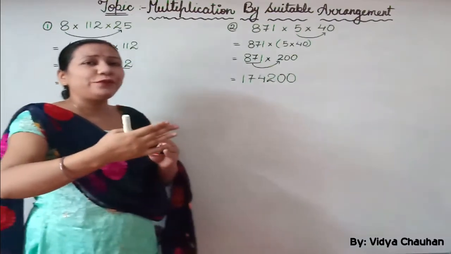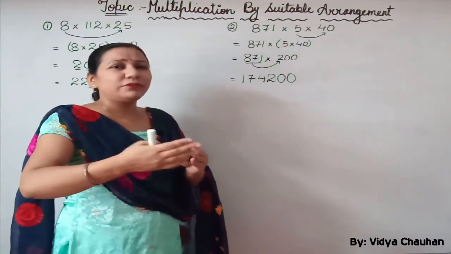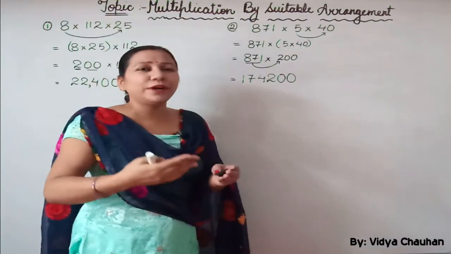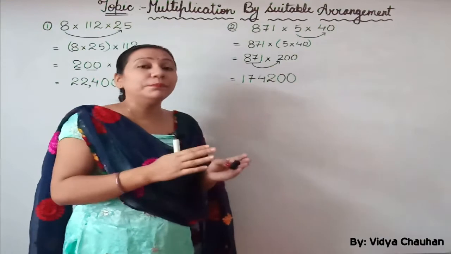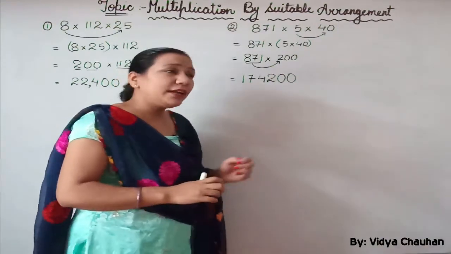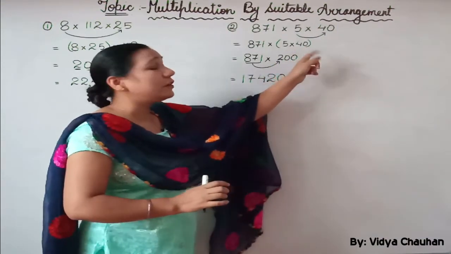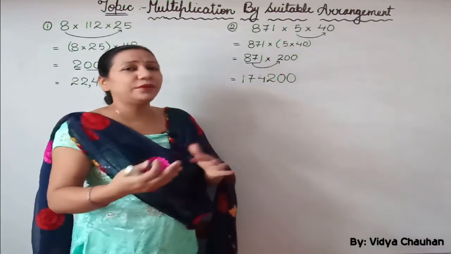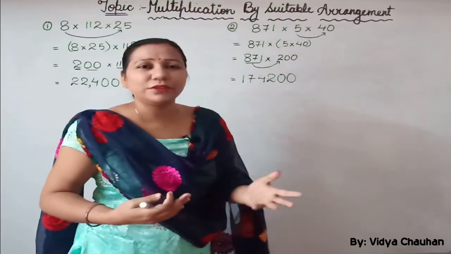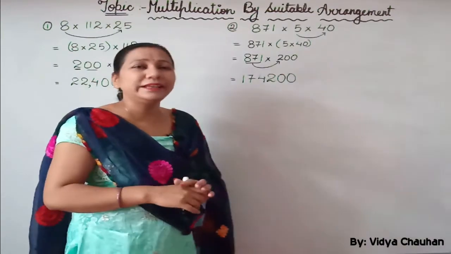So 5, 15, 25, 35, these kinds of multiples of 5. In suitable arrangement, we multiply those numbers which are multiples of 5 so that we get an answer in terms of multiples of zeros. We get 10, 100, 1000, 200, 400, 500, 5000, like that.